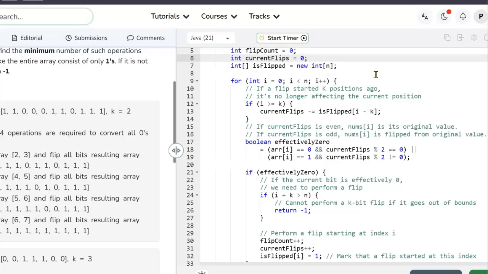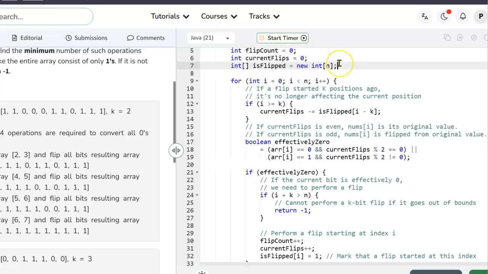the current window of length K, and we have an integer array called isFlipped, and we use that to keep track of whether or not the digit at a certain index has been flipped.